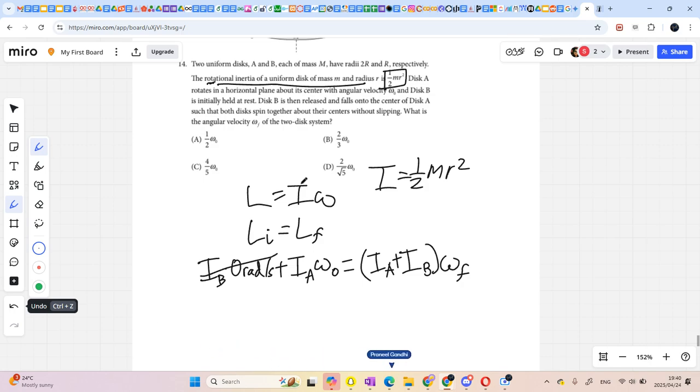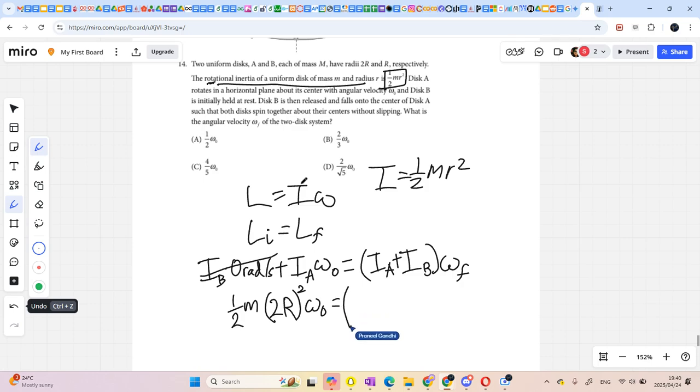Okay, sorry about that. So the moment of inertia of A is 1/2, and then our m is the same m, and then its radius is given as 2r, and then all this times omega naught squared, equals, and then add our two moments of inertia together.